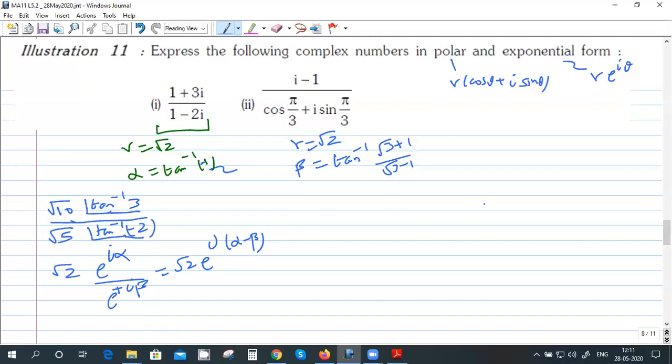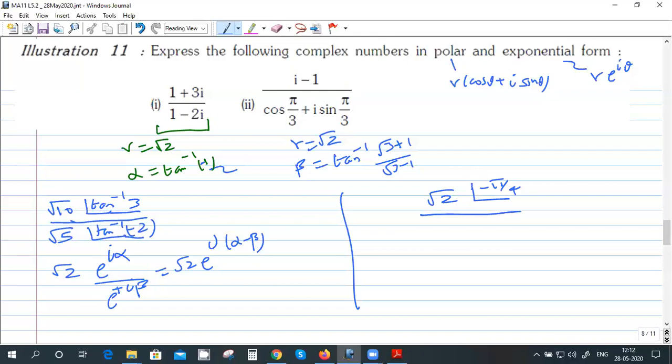Similarly, in this second case, the numerator is root 2, and the angle is minus pi by 4. This complex number is in the fourth quadrant, right? x is positive, y is negative, and the angle is 45 degrees, so in the fourth quadrant the angle is minus pi by 4.